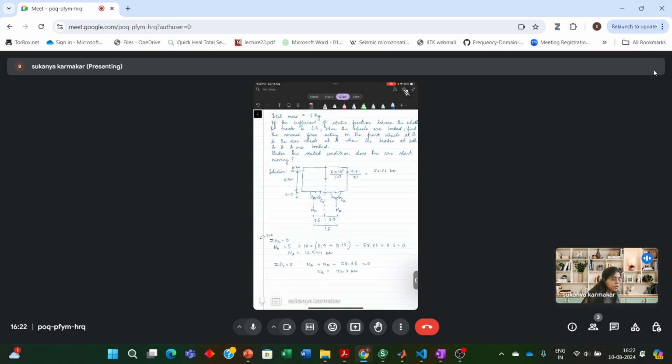Now we have to check whether under this stated condition, does the vehicle start moving? For that, we need to find out the value of the friction forces.